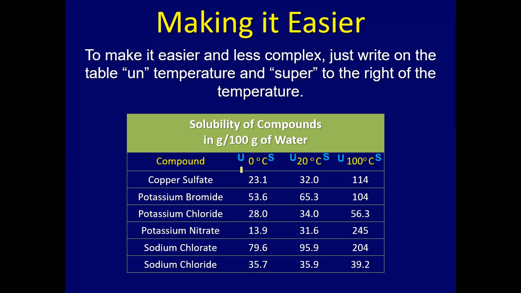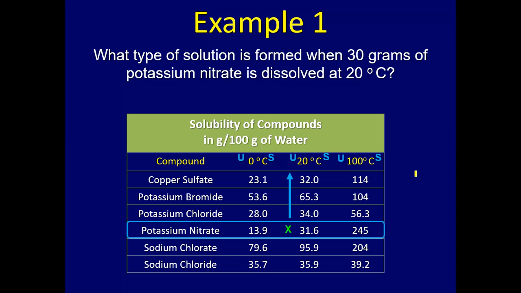So any amount that would fall here to the left at this temperature would be unsaturated. And any amount that would fall to the right of this amount at this temperature would be supersaturated, and that would go for each temperature. Okay, and it just takes away a little bit of the anxiety, a little bit of the confusion, makes it a lot easier. All right, so here's an example.